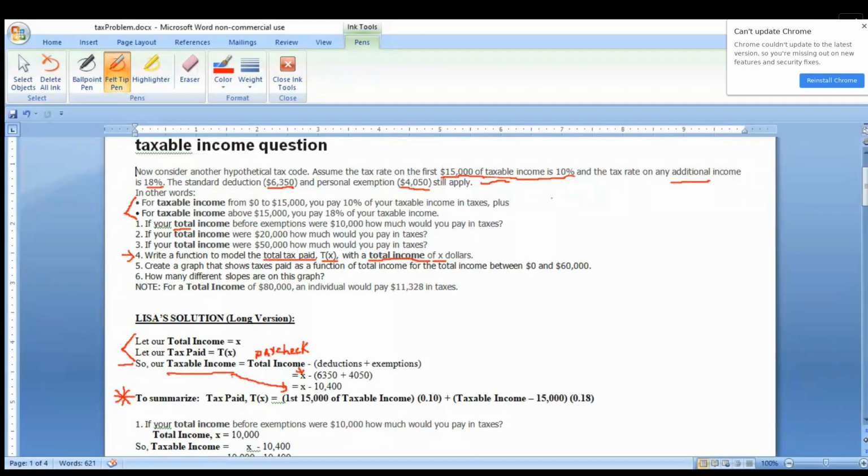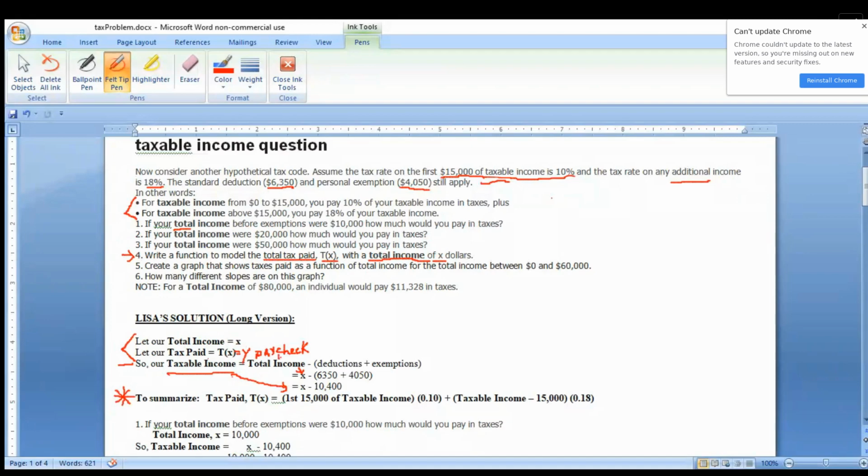And they said, let the total tax paid be a function of that x. And they used t instead of f, which can be confusing, but you can also think of that as your y. But we'll get to that in a minute. So our tax paid is going to be a function dependent on the total income in our paycheck.